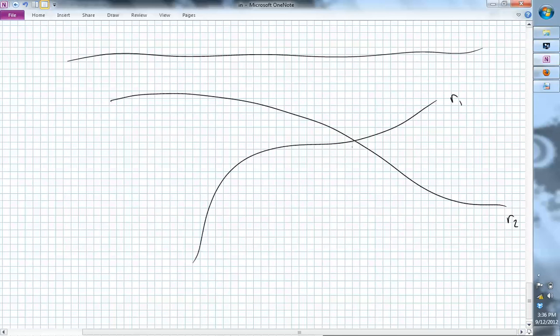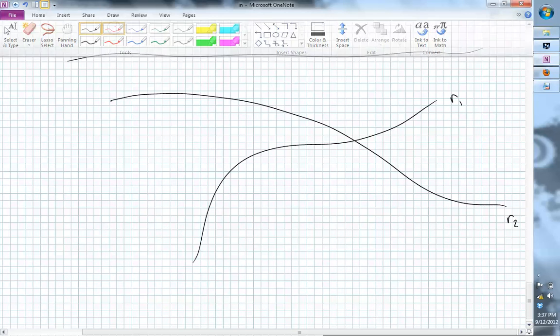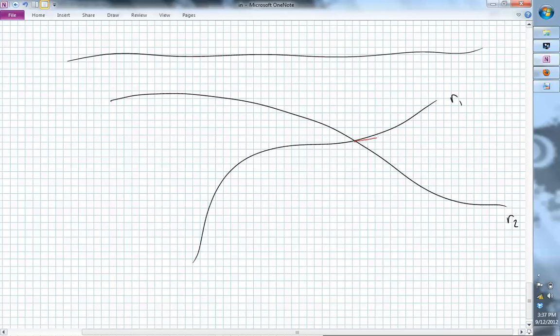Any old vector? The normal vector at the intersection? Actually, you could find the normal vector, but we don't have the tools to find the normal vector yet. But you could find the tangent vector. And then use some of the dot product things we've done between those two vectors to find the angle between them.